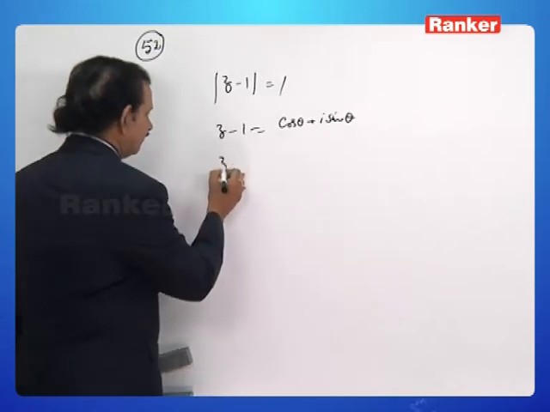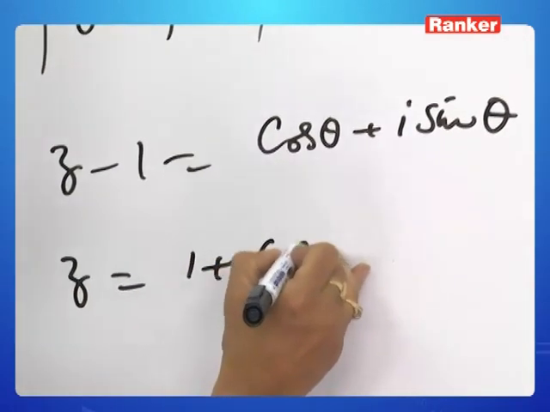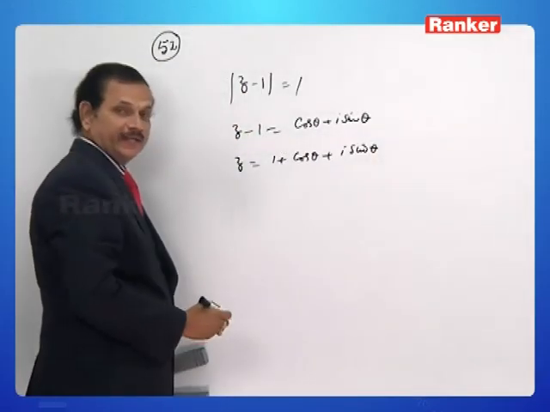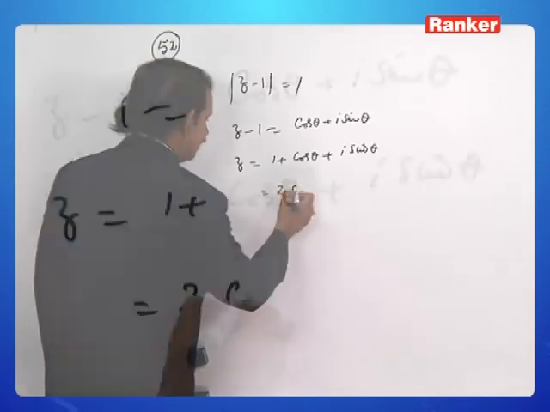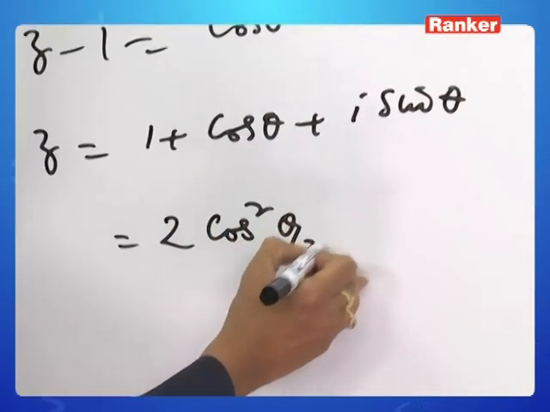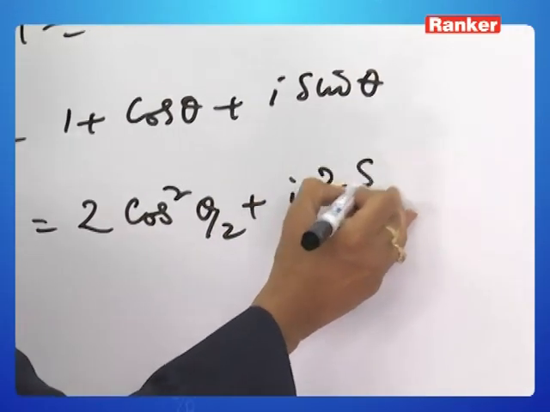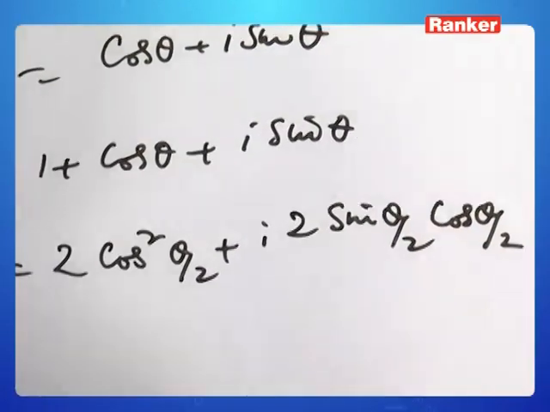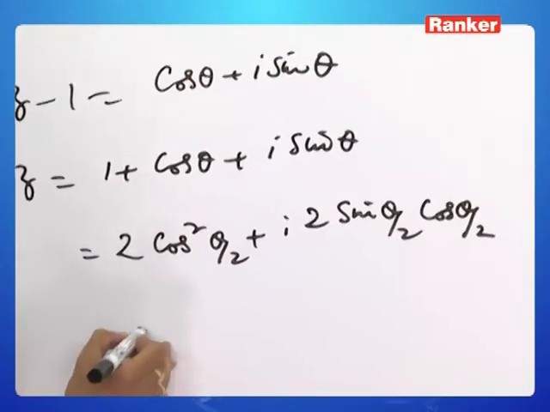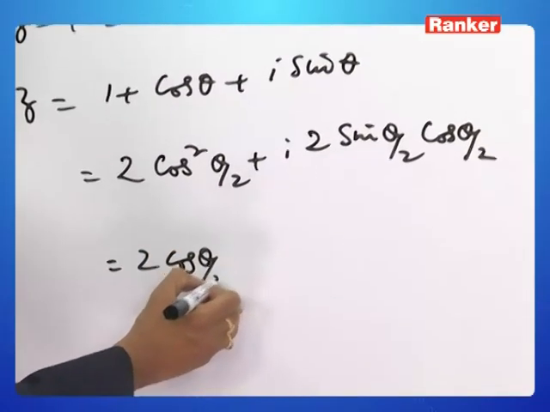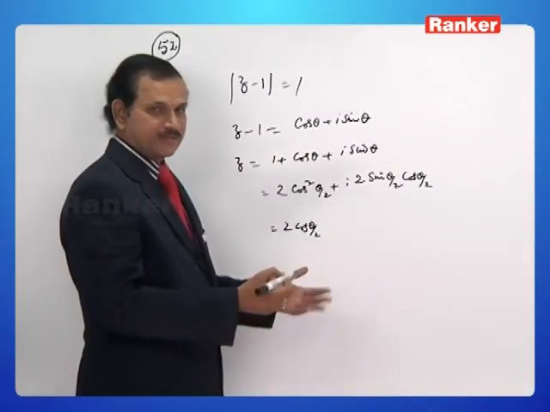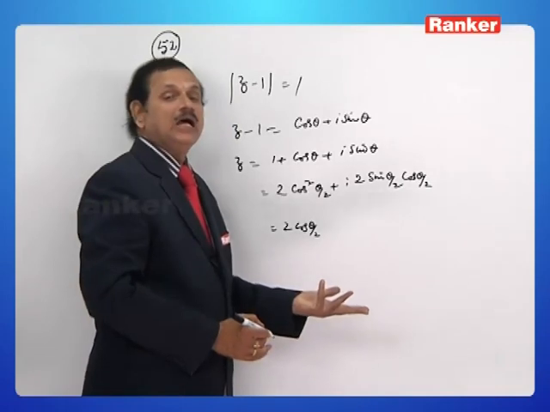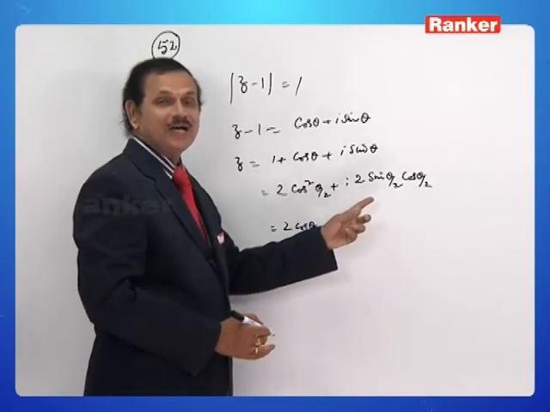From this, z = 1 + cos θ + i sin θ. Again, 1 + cos θ is 2 cos²(θ/2) and sin θ is 2 sin(θ/2) cos(θ/2). Taking 2 cos(θ/2) as a common factor, what remains inside the brackets is cos(θ/2) + i sin(θ/2).